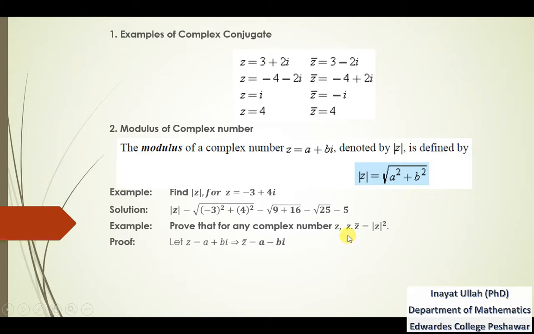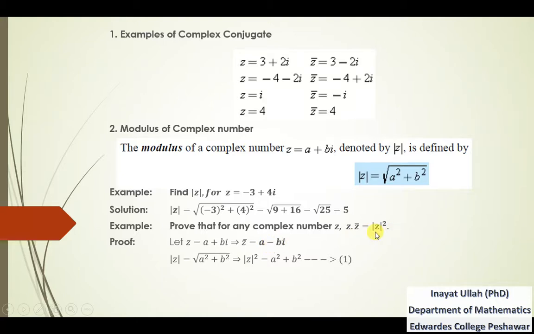So let's say take a complex number z, a plus b iota or c plus d iota or x plus y iota. We need three things here. We need z, its conjugate, and its modulus. So that is z, its conjugate is a minus b iota.